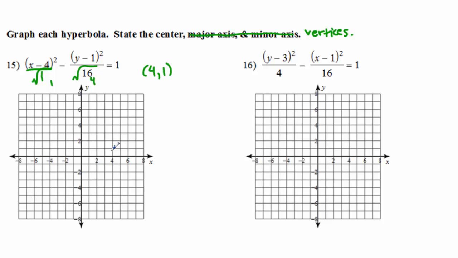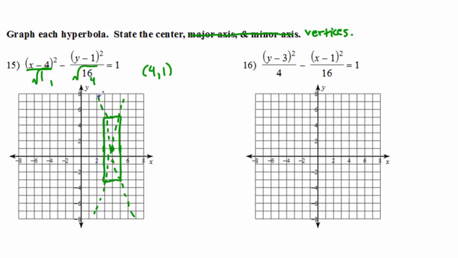So I'm going to graph 4, 1. I'm going to go left and right 1, up and down 4, and draw my box. That's step 1. Then I'm going to draw my lines that go through diagonally on my box.